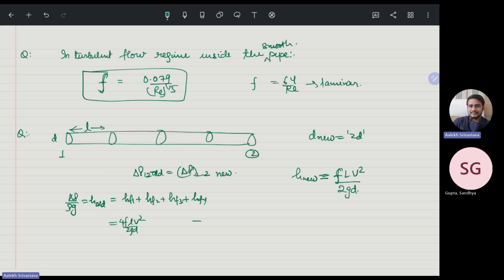If both are equal, f L V square upon 2 g, and D is 2D, double the diameter. So if you simply cancel everything, the length is 4L, D raised to the power 5 into 2D.